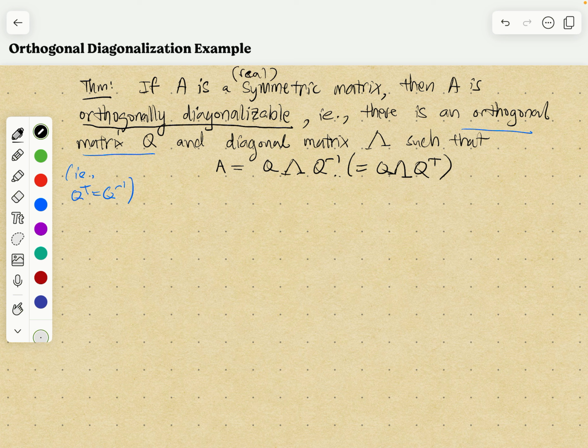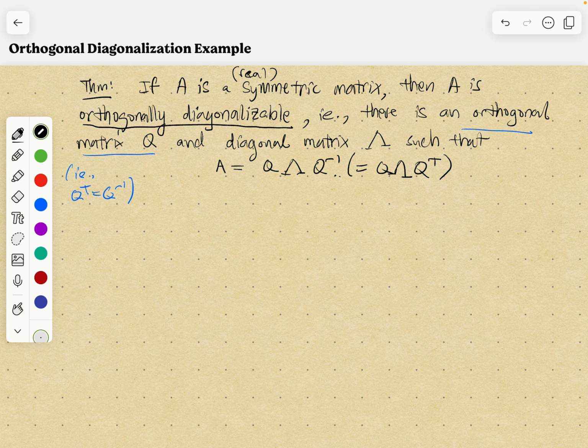All the entries of A are real. So that's the theorem. In this video, we're not going to prove it, but we're going to give an example of how it works.